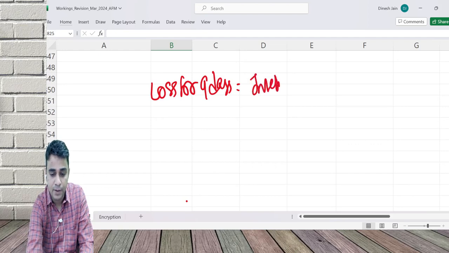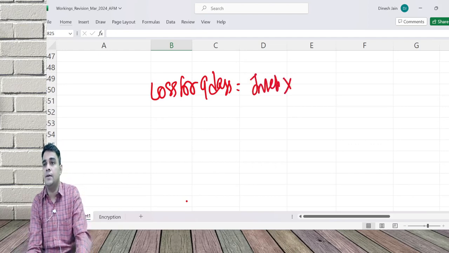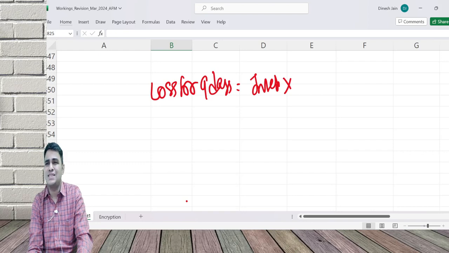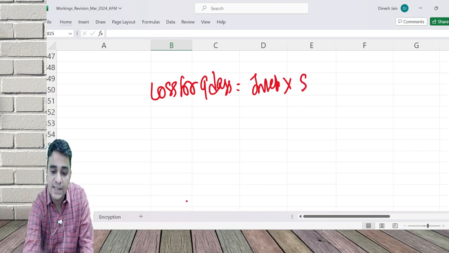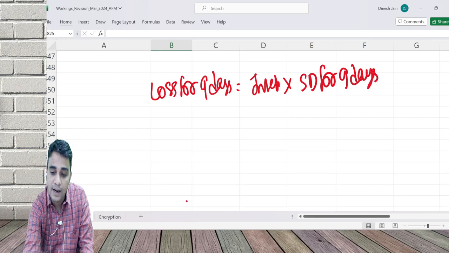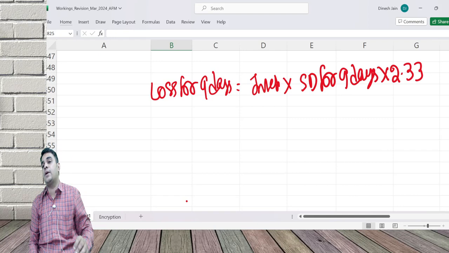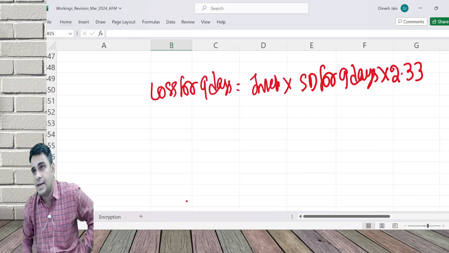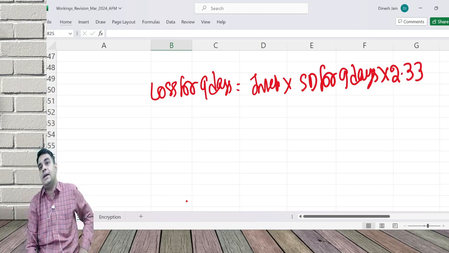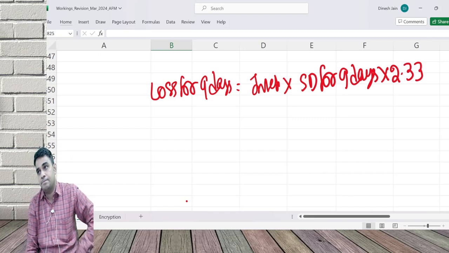Investment. The standard deviation given in the question is per day. I want SD for 9 days. Loss is investment into SD for 9 days into 2.33. You have 1 day standard deviation; give me the standard deviation for 9 days.